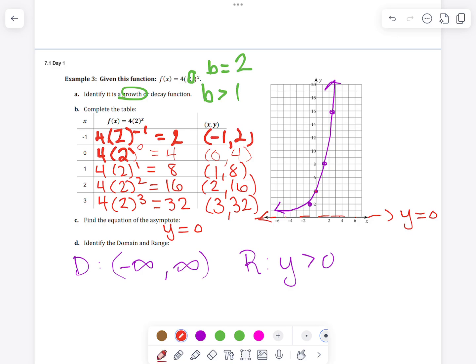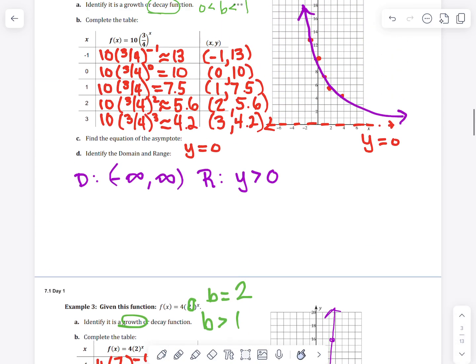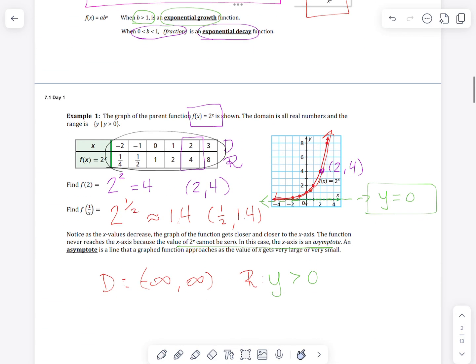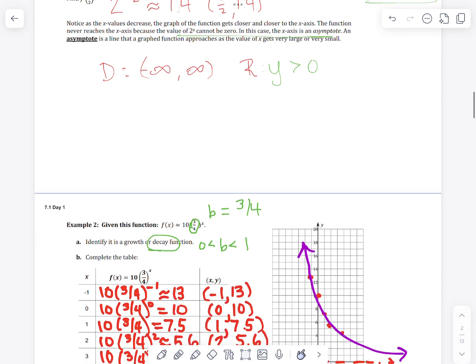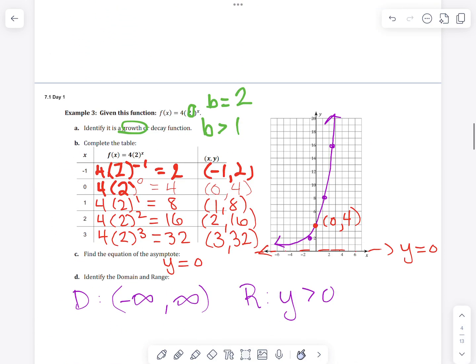Notice where our y-intercept now is, over 0, up 4. When we had our parent here, we had the same base, but our y-intercept was at 0, 1. So what did that 4 do to the problem? It just moved that y-intercept up to 4 units instead of at 0, 1.